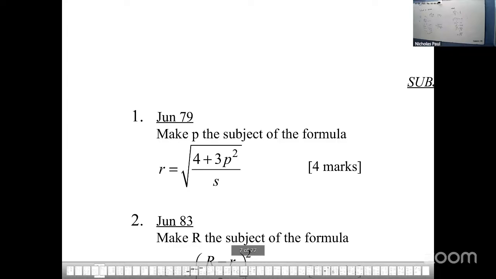Let us start with Samira. Samira, what's the first thing you'll do here? You want to make P the subject of the formula.